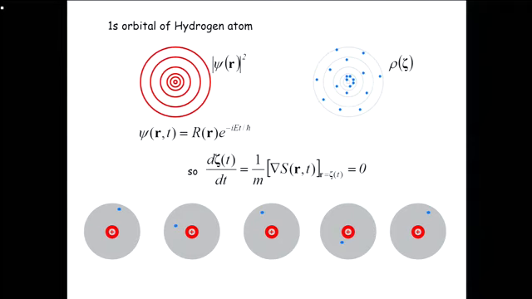It's not complex at all. So if I look at its evolution over time, it will pick up this global phase factor here, but that phase factor has no spatial dependence. And therefore, if I look at the gradient of that phase factor, I find it's just 0 everywhere. So that tells me that the velocity of the Bohmian particle is 0.